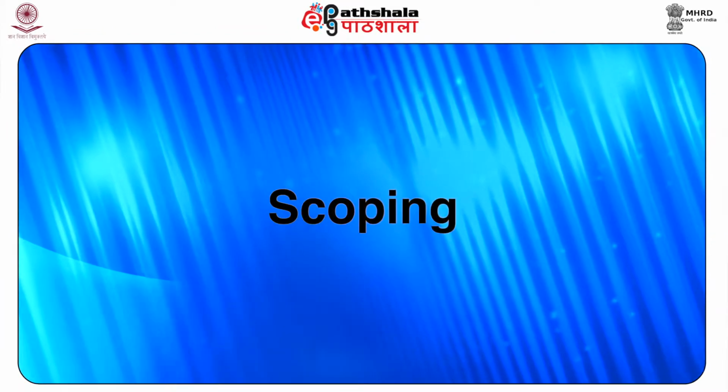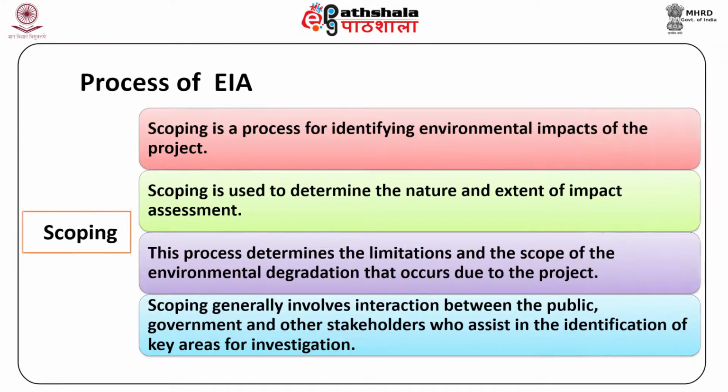Then comes scoping. Scoping is a process for identifying environmental impacts of the project. Scoping is used to determine the nature and extent of impact assessment. This requires identification and retention of issues that are important and elimination of those that are not.